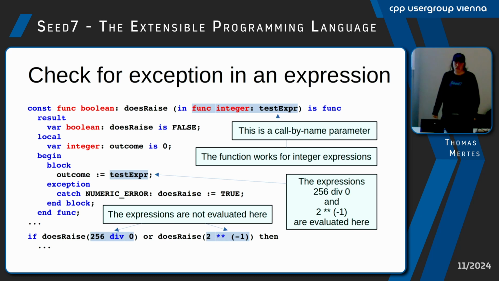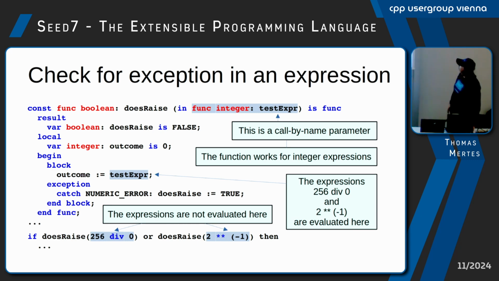Okay, I could also bind, of course, the parameters for a lambda, but what the actual question here is, I have to know the definition of does raise to know if the expression is actually being evaluated where I'm using it or inside does raise. Is that correct? Yes. You need to know the definition of does raise, which defines if it evaluates the expression or not. Okay. So you need to have a look at the definition of the function. Okay, thank you.